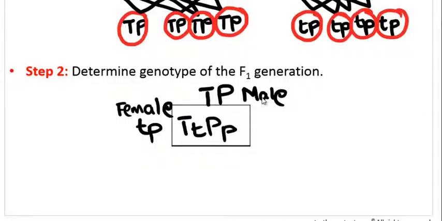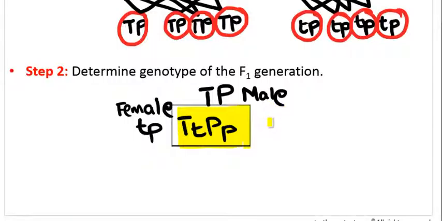The parent with the dominant traits produces gametes which carry alleles for the tall and purple phenotypes, so capital T, capital P. And the parent with the recessive traits produces gametes which carry alleles for the short and white flower phenotypes, small t, small p. So when determining the genotype of the F1 generation, all we have to do is cross one of those from either parent, and that is going to be our genotype for the F1 generation.